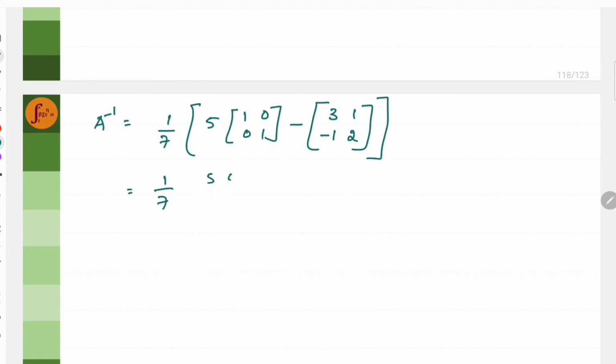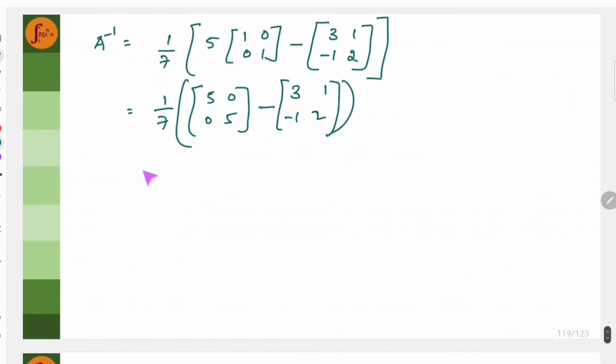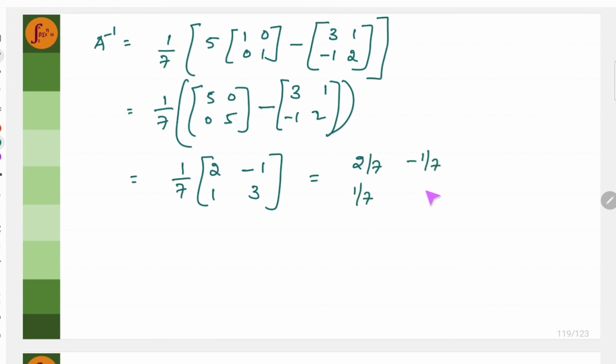So it's going to be 5 0 0 5 minus 3, 1, minus 1, 2. So let's subtract. 5 minus 3 is 2. 0 minus 1 is minus 1. 0 plus 1 is 1. 5 minus 2 is 3. This entire thing into 1 by 7. So you'll get 2 by 7, minus 1 by 7, 1 by 7, 3 by 7. So this is A inverse.